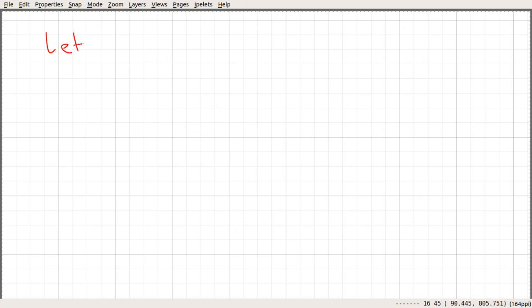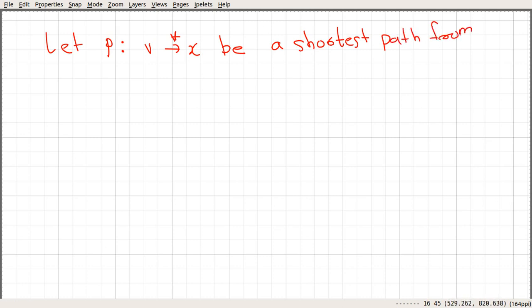Let's consider a path P from V to x, and that path is going to be a shortest path from V to x.